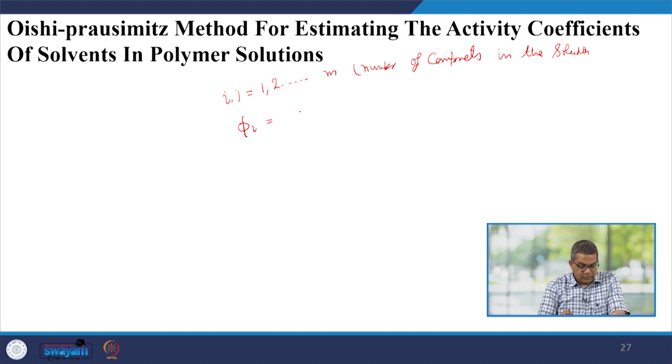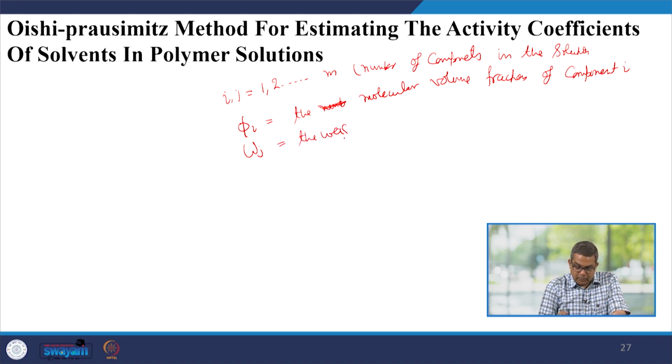Phi I is the molecular volume fraction of component I. Wj is the weight fraction of component j in the polymer solution.